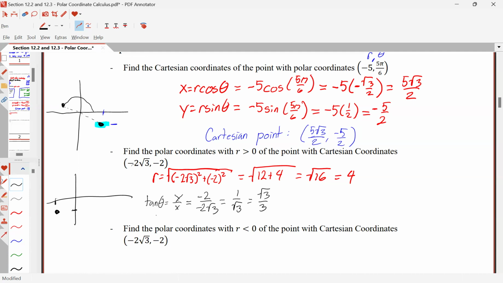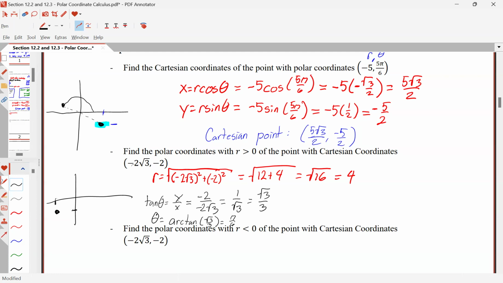If we were to solve for theta using arctangent, what arctangent would give us is the angle pi over 6.